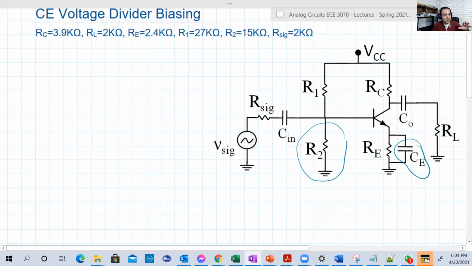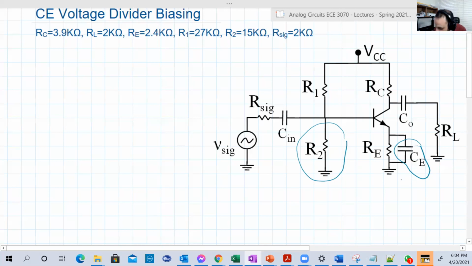But how about if you want to keep the amplification large, or eliminate the effect of RE on the gain, but at the same time you want the DC Q point to be stable? At that time we need RE to be only in DC, and we don't want to include it in AC. And we can do that using this capacitor in here.